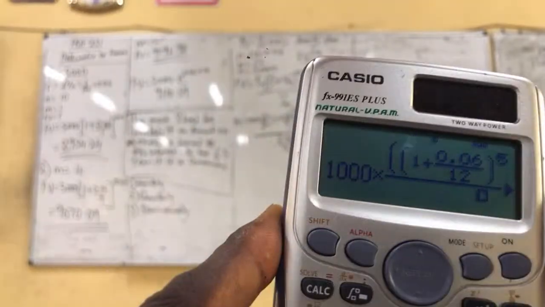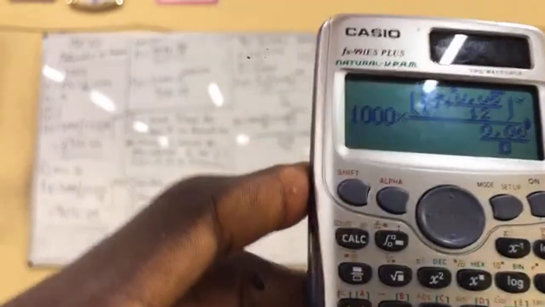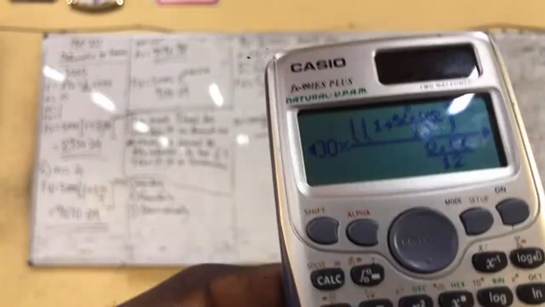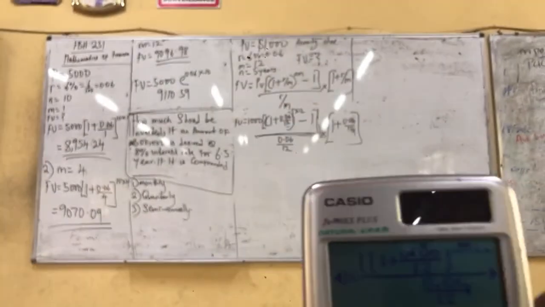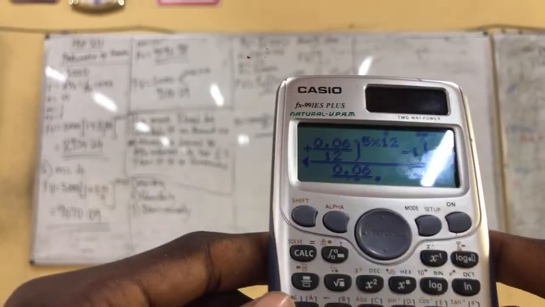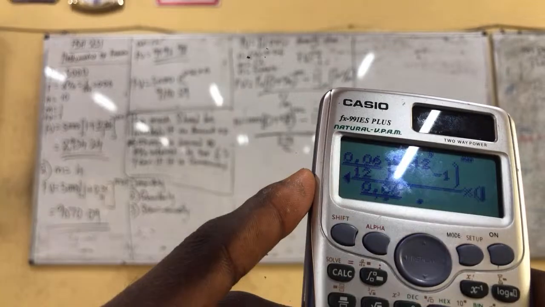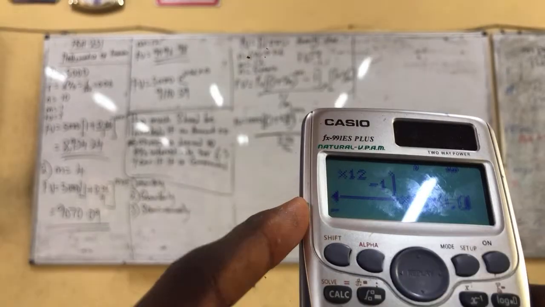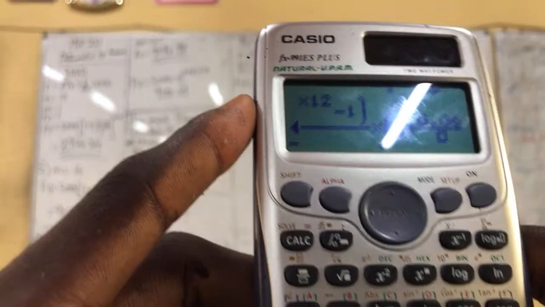Then you come down and write 0.06 over 12. You shift your cursor to the extreme right. Then you press times, open your bracket, 1 plus 0.06 over 12.